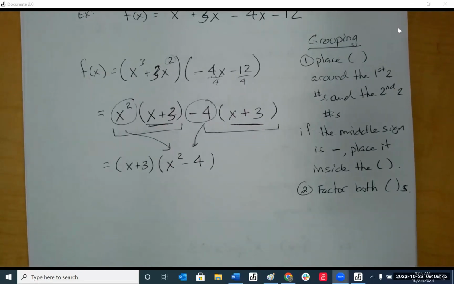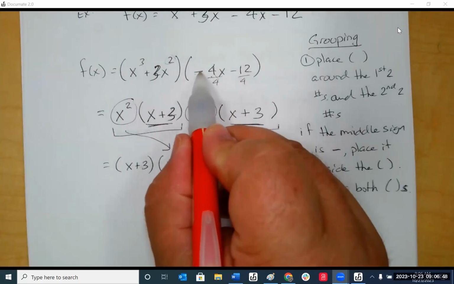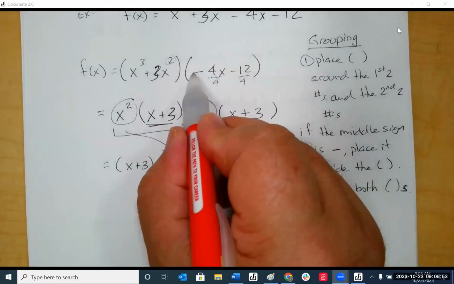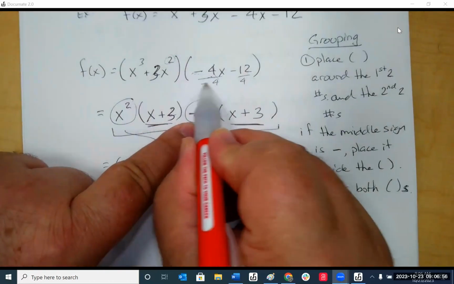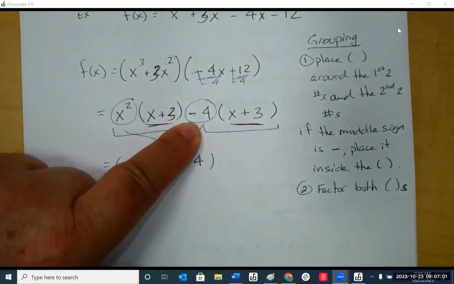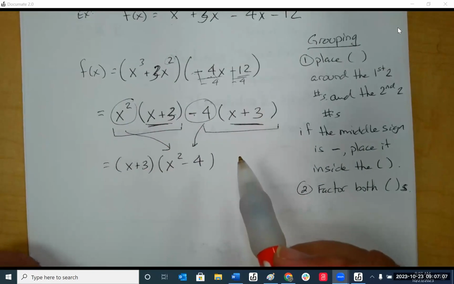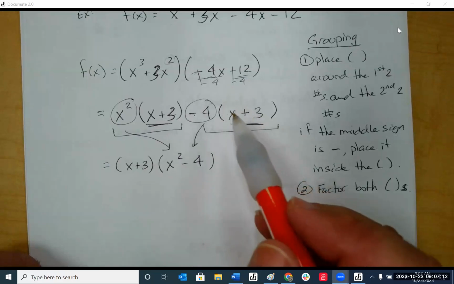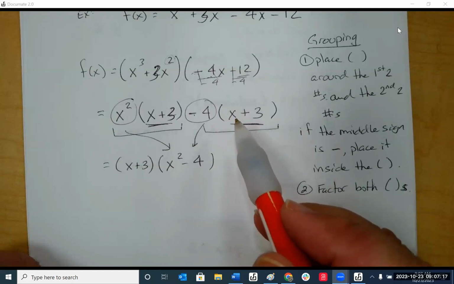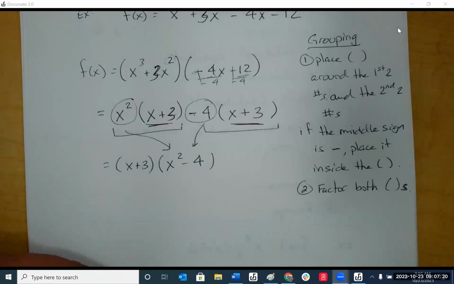Yes. Because since the leading term is negative, when we have a parentheses, we always want this one to be positive. So we took out the negative. When we took out the negative, we divide both sides by a negative. And that means it changes the signs. Go ahead one more time.